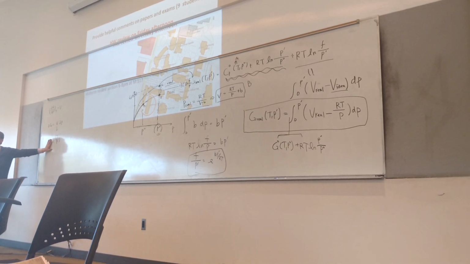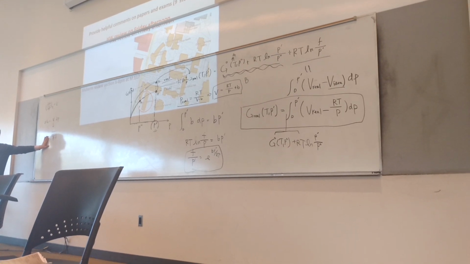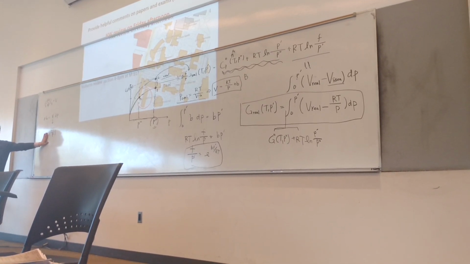Then you do the integration on both sides, and you get G equals G naught plus RT natural log P over P naught, right?